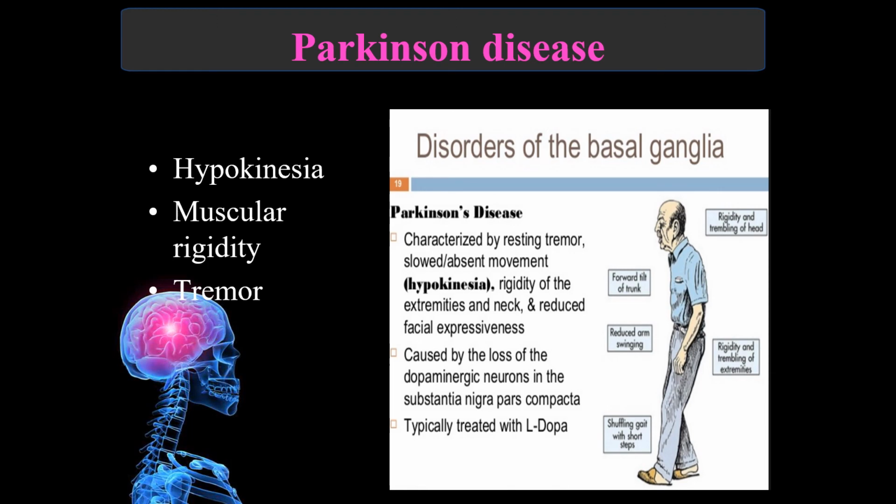Then tremor, the main sign of Parkinson's disease, is involuntary trembling of the hands and lower jaw. In Parkinson's disease, dementia and motor impairment gradually develop. This is due to the progression of neurodegenerative change in the cells of the cerebral cortex.